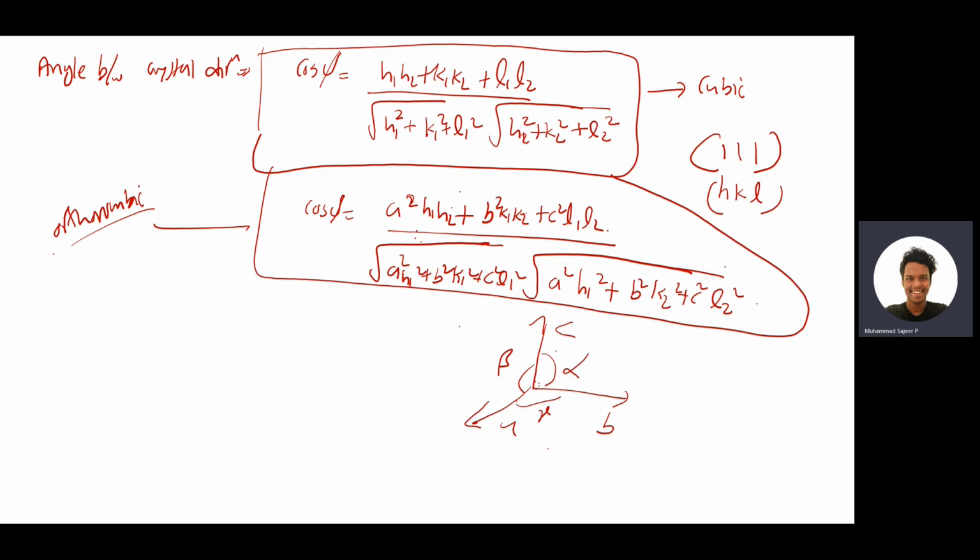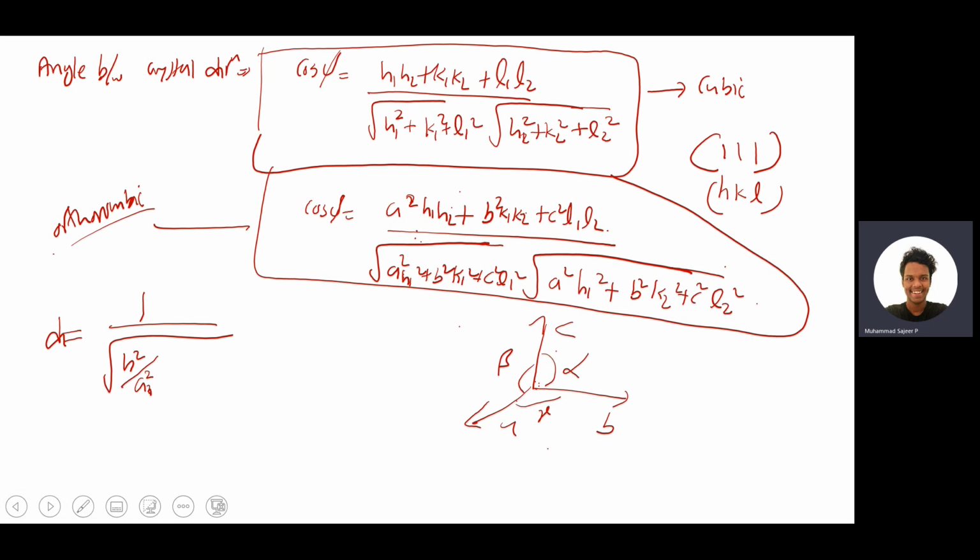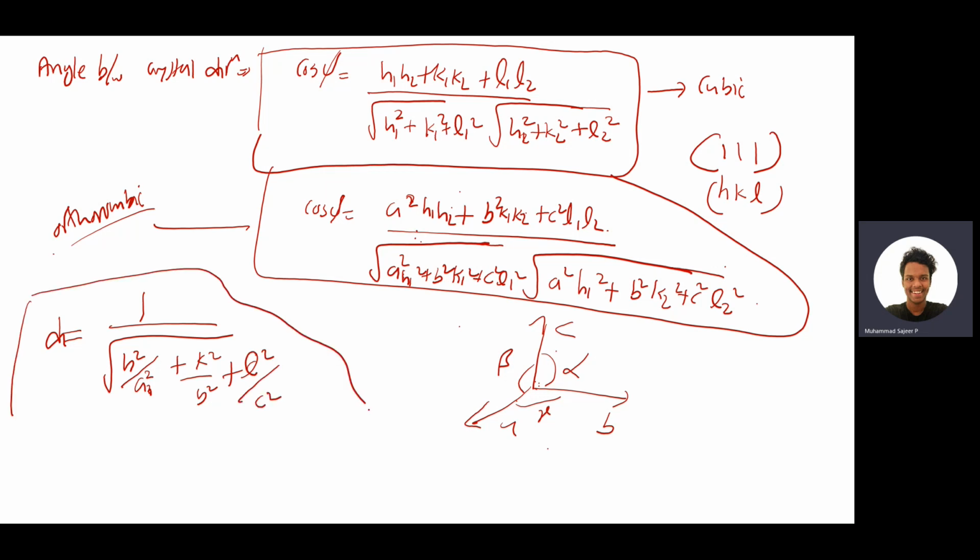And the usual thing, distance between planes. The distance between planes is given by 1 over root of h square by a square plus k square by b square plus l square by c square. You may know this equation. But if a, b, c are the same, this becomes a by root of h square plus k square plus l square.